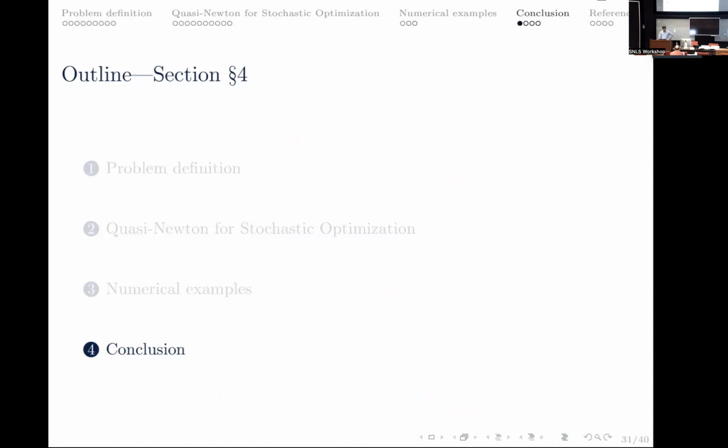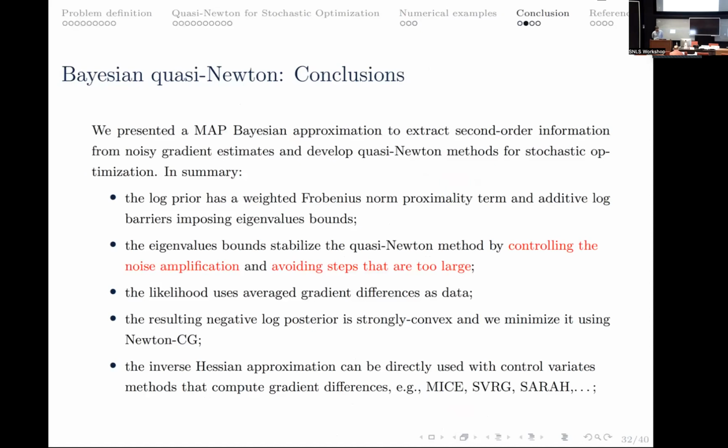Okay, so let me conclude here. What we did is present a maximum a posteriori Bayesian approximation to extract second-order information from noisy gradient estimates, and thus develop a quasi-Newton method, or a class of quasi-Newton methods, for stochastic optimization.